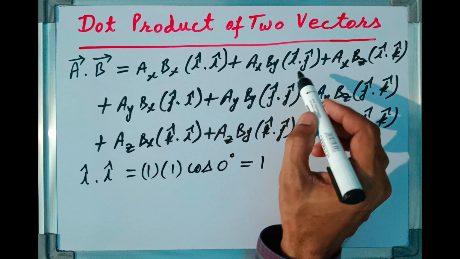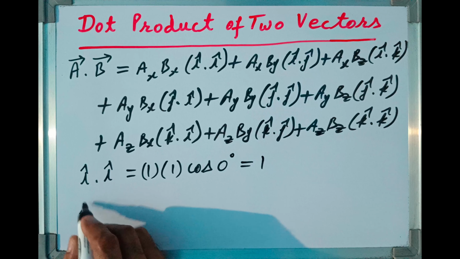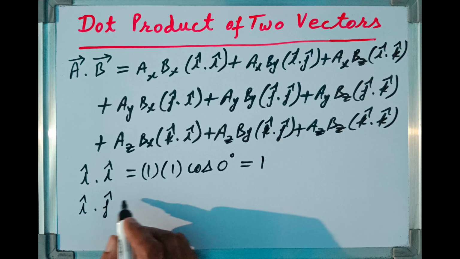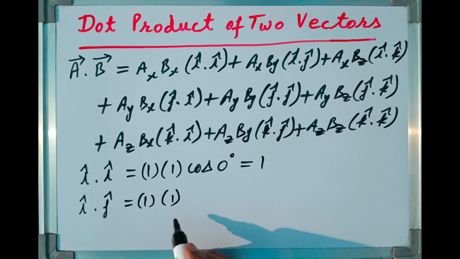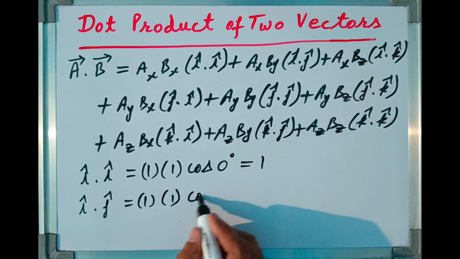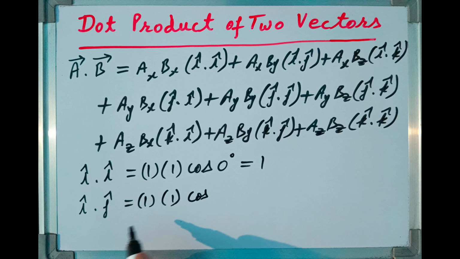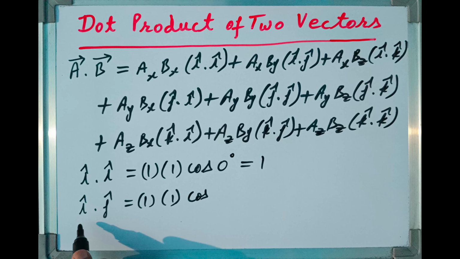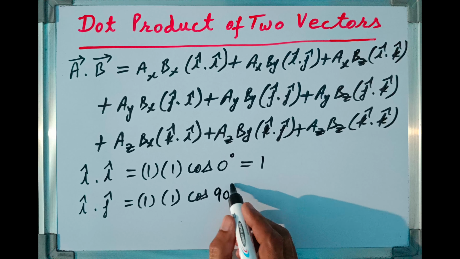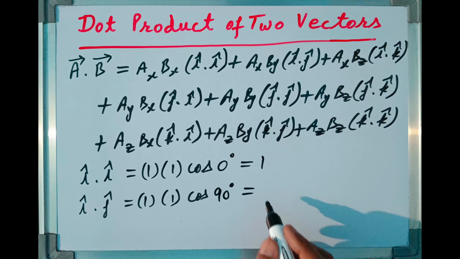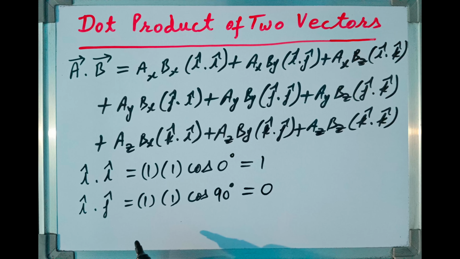Similarly, let us come to i cap dot j cap. Again, I will have to write magnitudes of the two vectors and multiply with cos of the angle. i cap is along the x-axis, j cap is along the y-axis. Both are perpendicular to each other, so we can write cos of 90 degrees. Cos 90 is 0, so the answer will be 0.